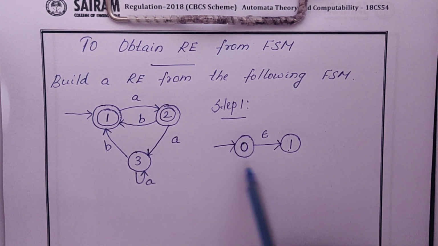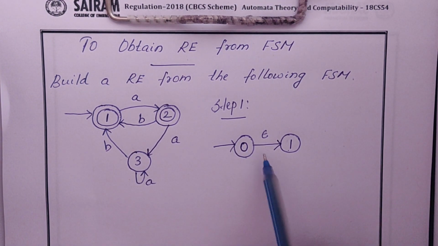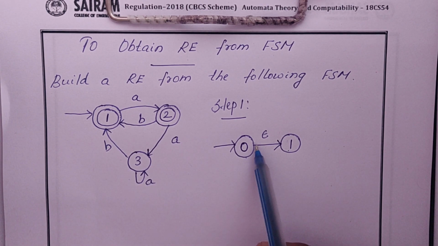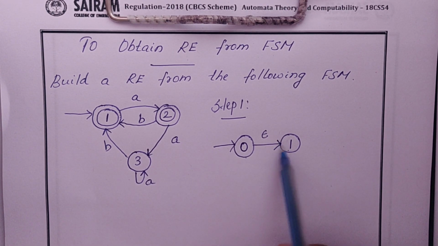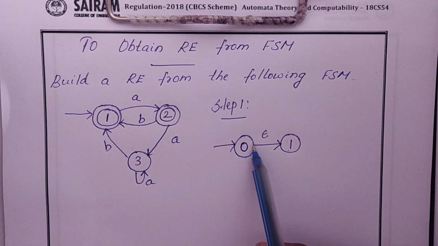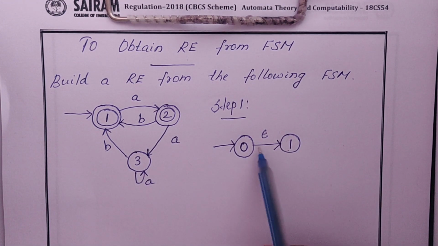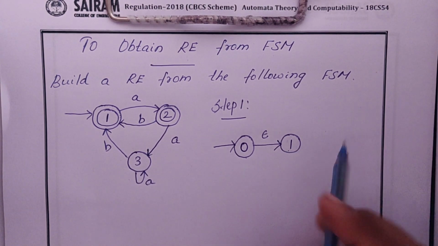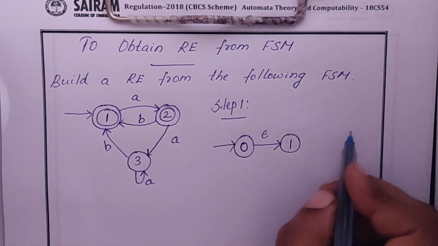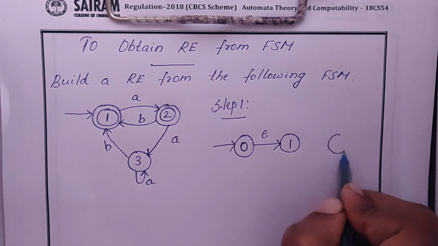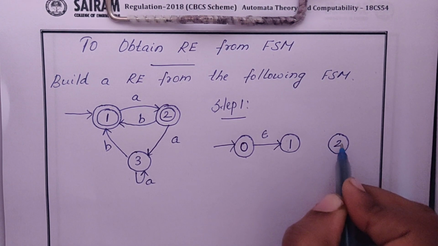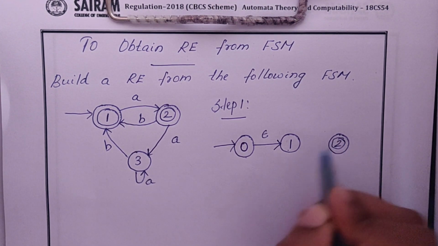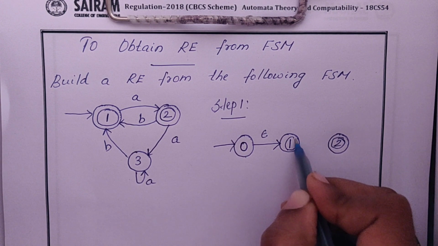Why am I making a new start state? To avoid the incoming edge. So connection should be from new start state to old start state. It should be an outgoing edge. It cannot be an incoming edge. You have to connect like this. Rest everything remains same. 2 is final state. Here 1 is also final state.